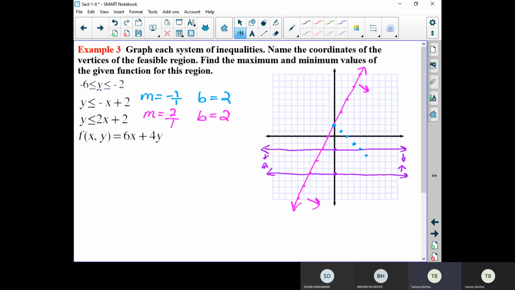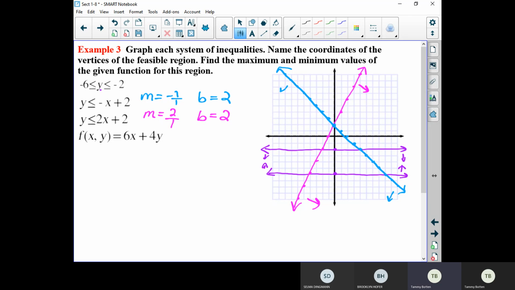So again, try to be as accurate as you can. Okay, so we're gonna draw this. And that one is less than or equal to also.